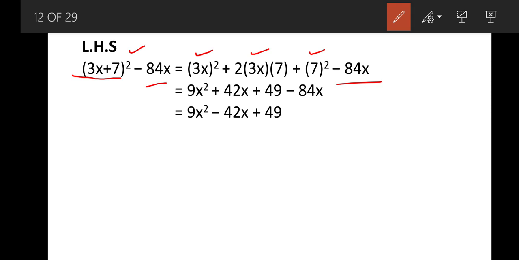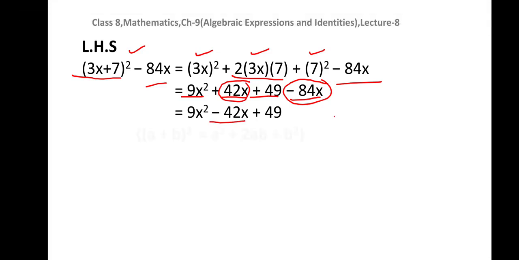After squaring 3x you get 9x square, and after multiplying these you get 42x. 7 square is 49, minus 84x. Now 42x and minus 84x are like terms, so after solving, it will be minus 42x plus 49. So this is your left hand side, and I have used identity number 1. I hope this left hand side is clear to you.